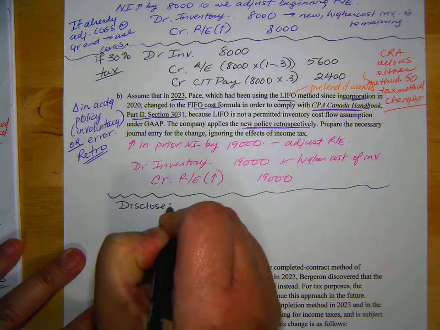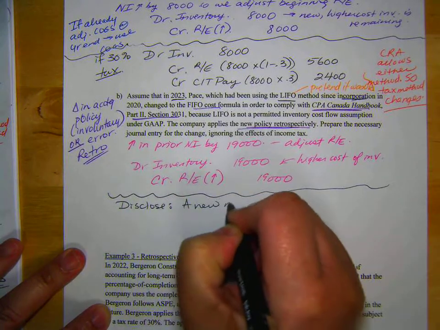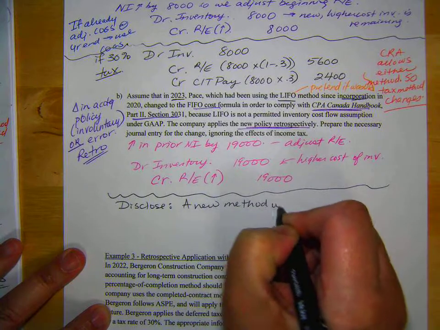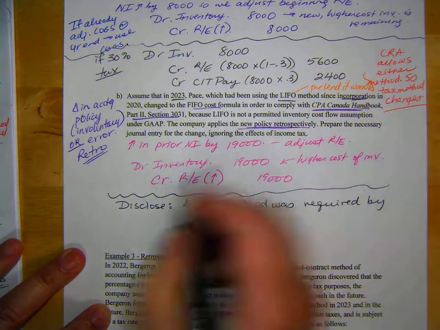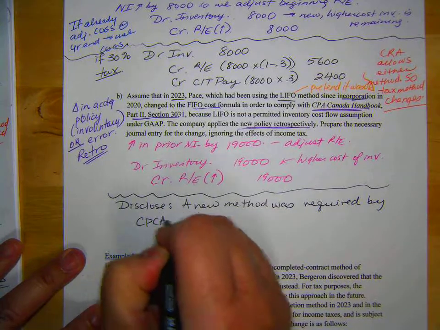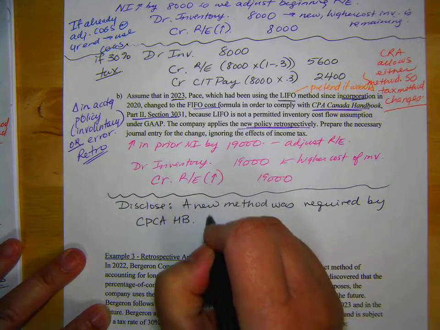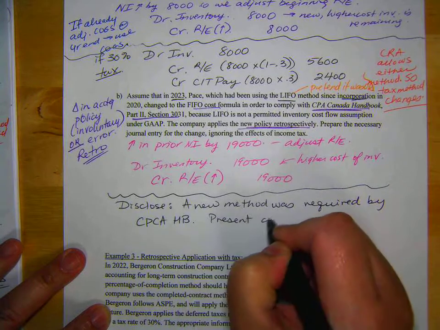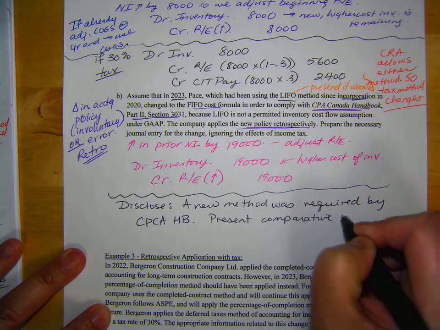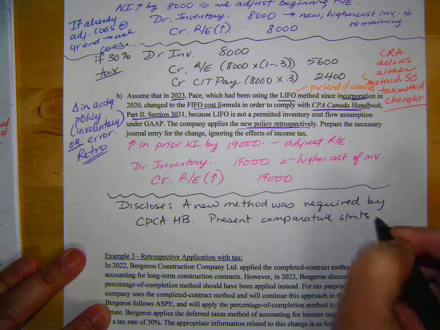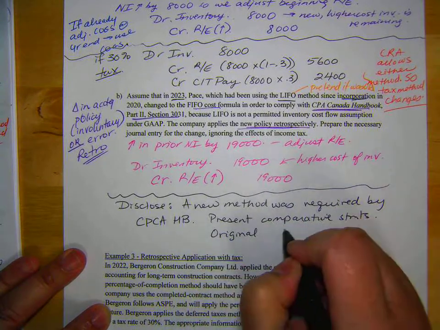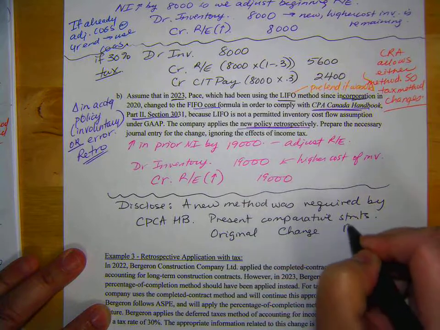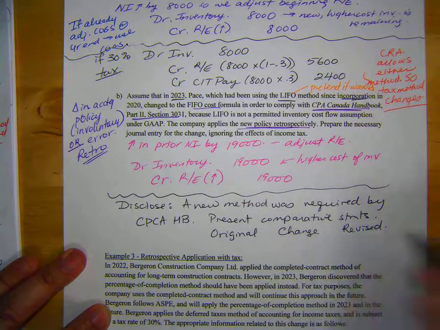You would disclose a new method was required by the CPA Canada Handbook, and then you'd present comparative statements. Again, the original, the change, and the revised, something like that.